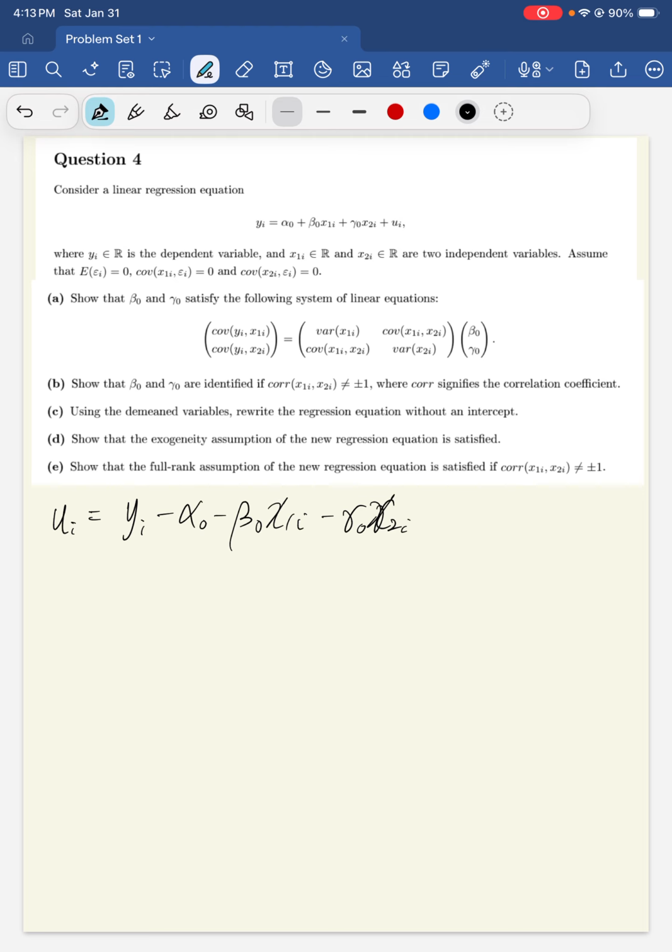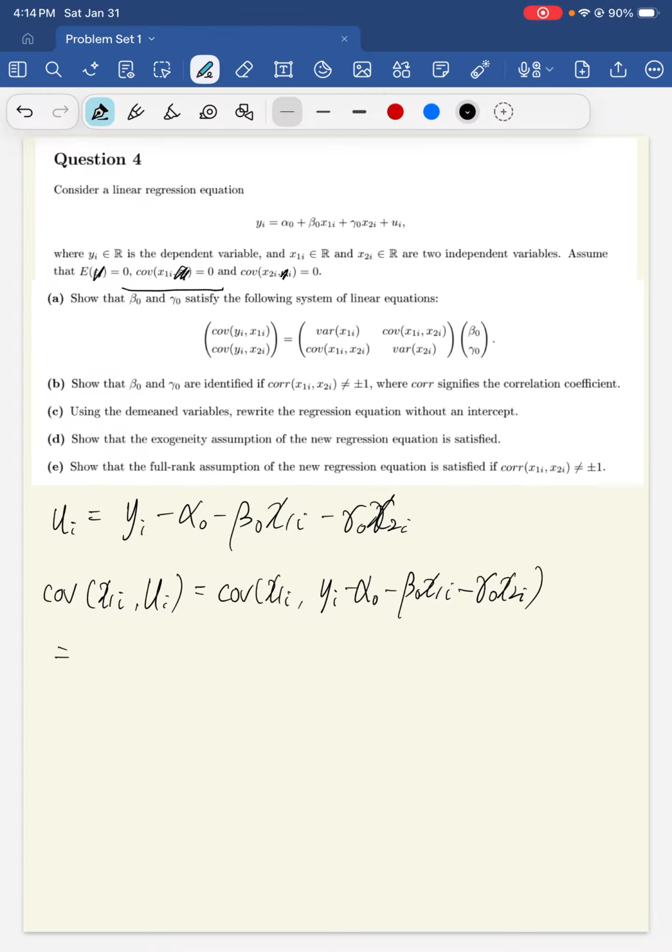Okay, and then the covariance between x1 and ui, which is assumed to be 0. Oh, here it should be u, of course. It should be covariance between x1i and yi minus alpha 0 minus beta 0 x1i minus gamma 0 x2i.